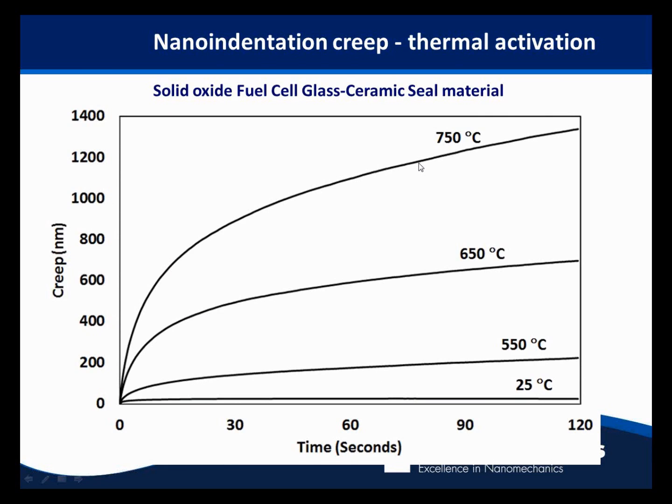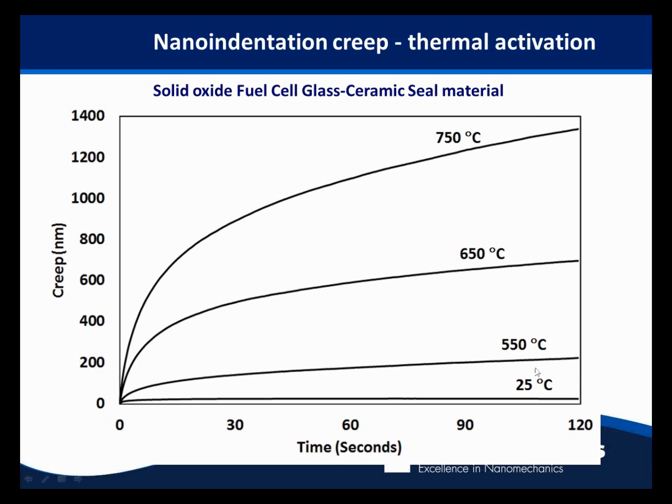So another application, in this example here, this is from Georgia Tech. Now with stability of your instrumentation, you can look at time-dependent processes. So this is an example of a glass ceramic seal material in a solid oxide fuel cell, looking at the time-dependent deformation that occurs at constant load as a function of temperature.